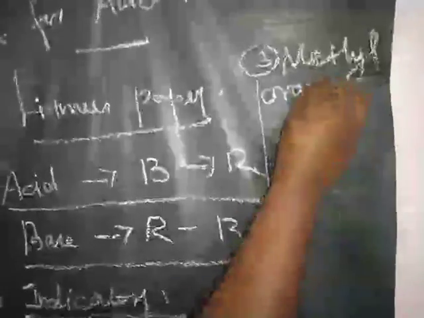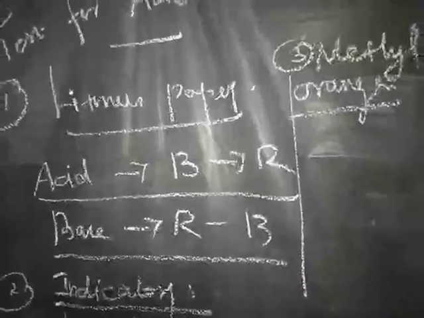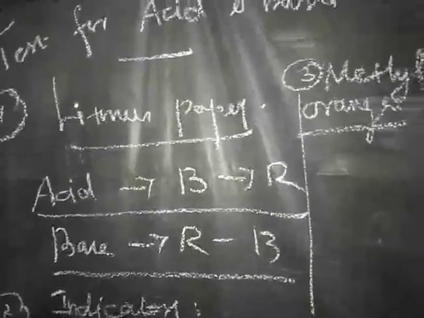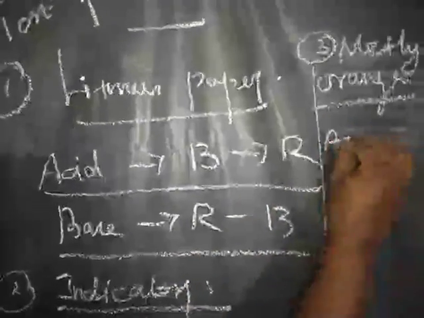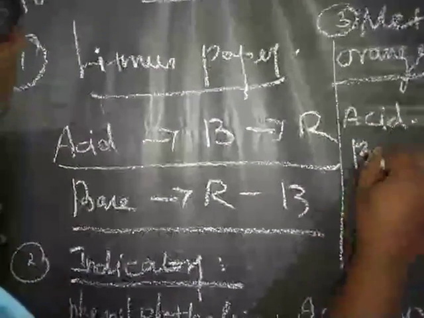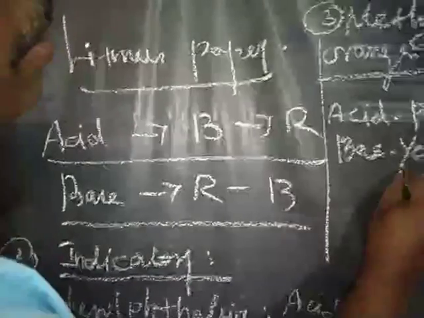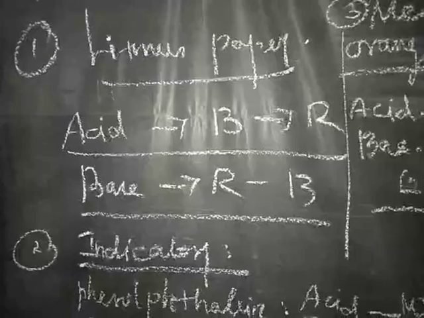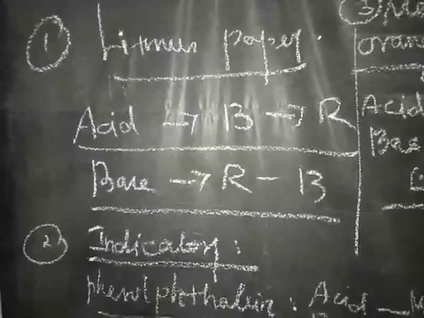The same way, the third one, methyl orange, is another type of indicator. In acid medium, methyl orange shows pink color. In base medium, yellow color. In this way we can identify whether the given solution is acid or base.